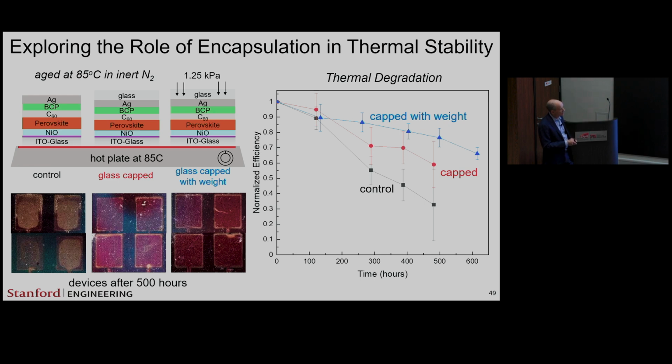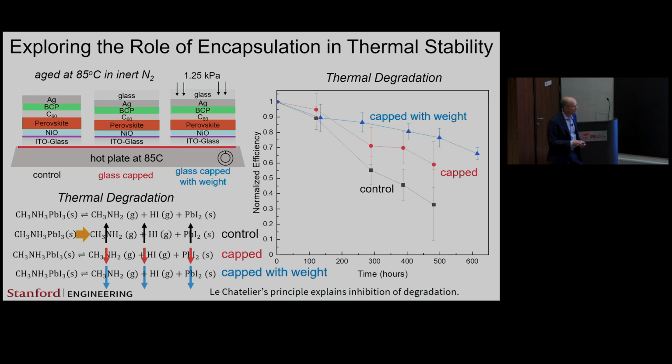Here's the control with nothing on top. Just with a piece of glass sitting on top, you get an improvement in lifetime. Now put a weight, in this case, a weight that would give you the equivalent of 1.25 kilopascal, and you see a further improvement. So constraining the device and the cell has a big effect on stability.